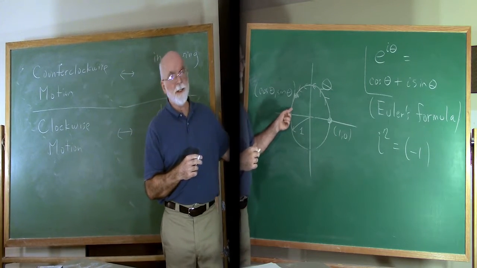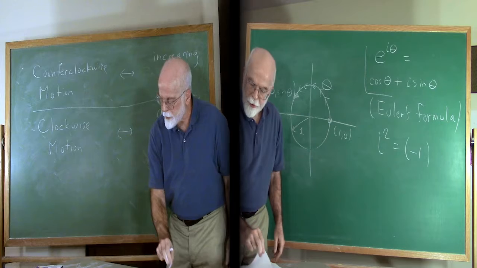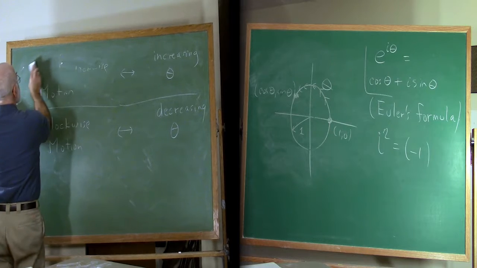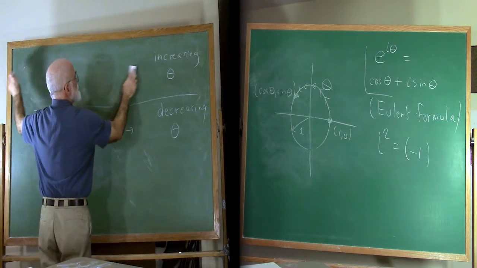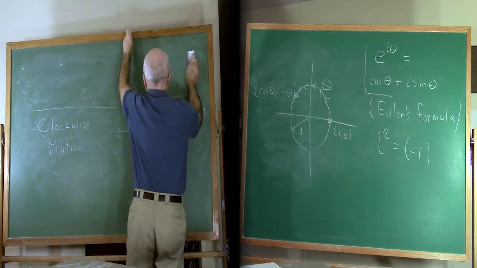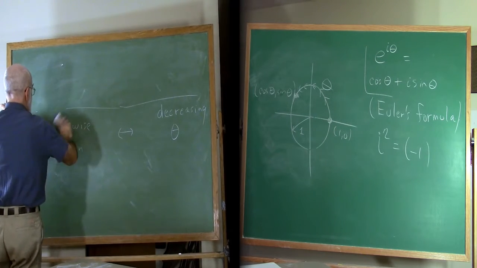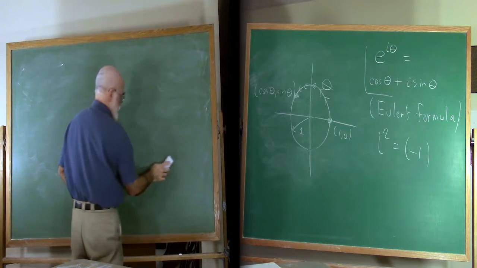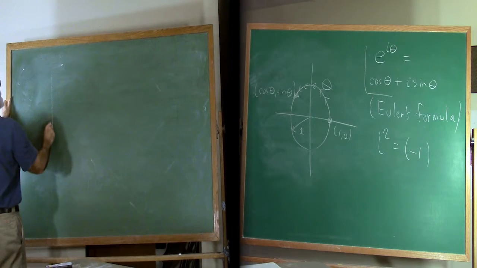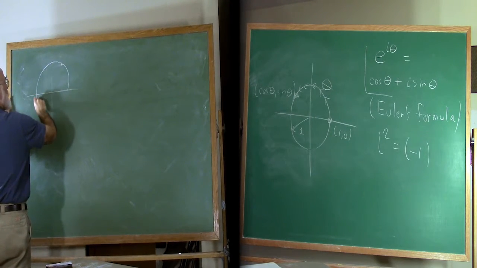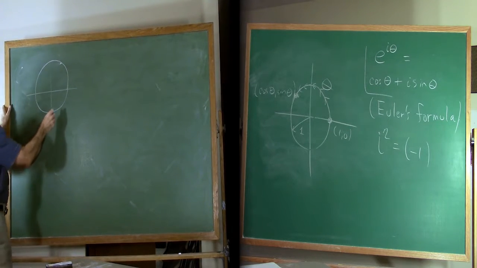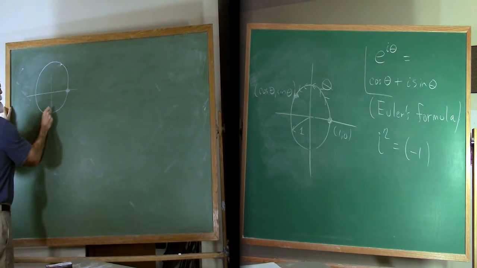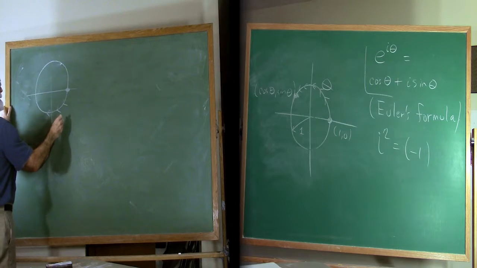Let's make a sketch like we did in this picture, except go in the opposite direction. Same old unit circle, start at 1, 0 as usual, but now move clockwise a distance theta.